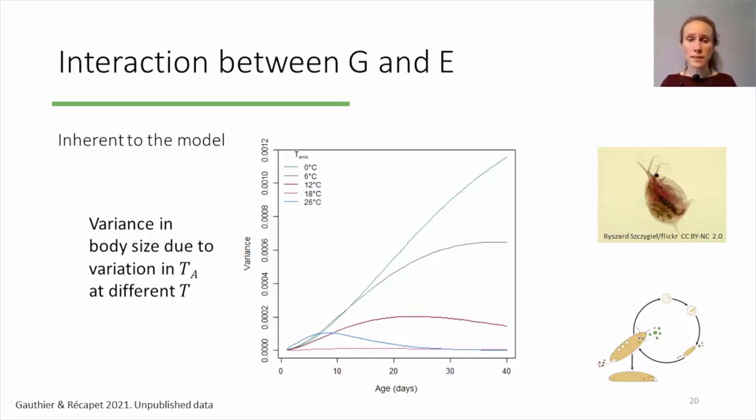To give you an example here, we know that the Arrhenius temperature actually translates a reaction norm to temperature. And so it's the interaction between temperature, the ambient temperature, and the Arrhenius temperature, the parameter, that will explain or predict the phenotype. Here, for example, we have the variance in length, in body size, due to variation in the genes, in Arrhenius temperature, but at different ambient temperatures.